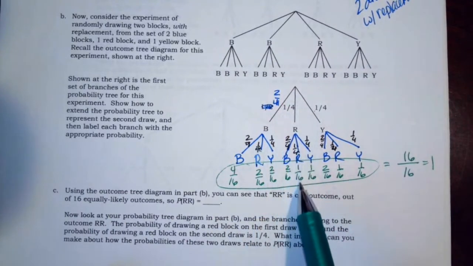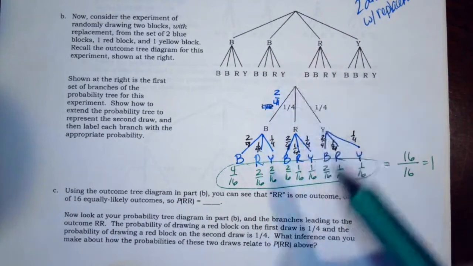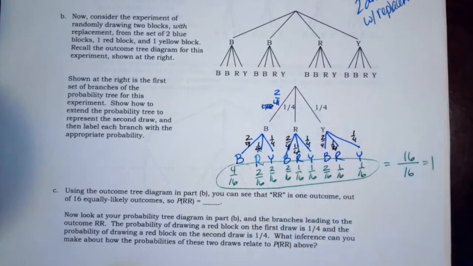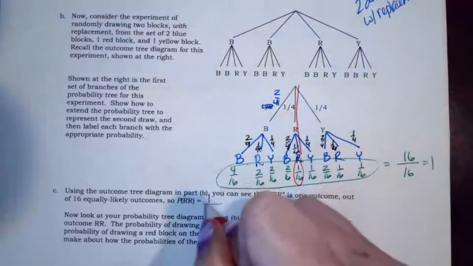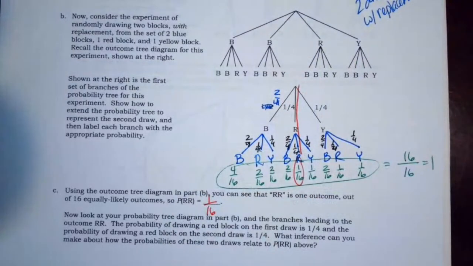It's just one possible outcome. And the probability of that one branch, red, red, is 1/16. Any questions about this introduction?